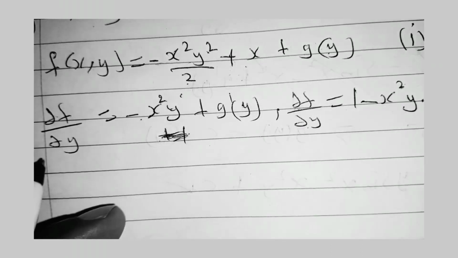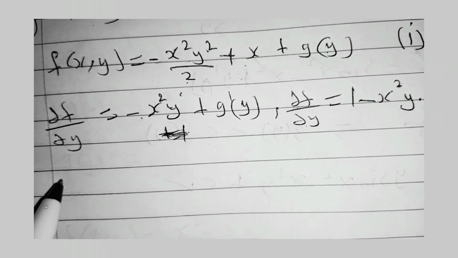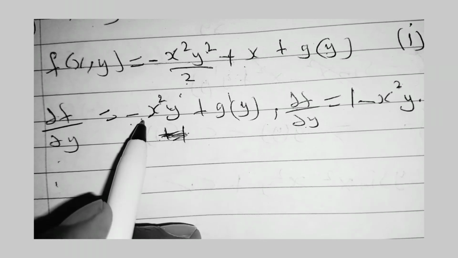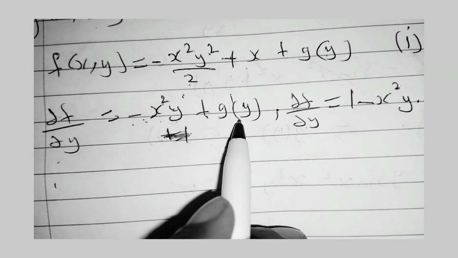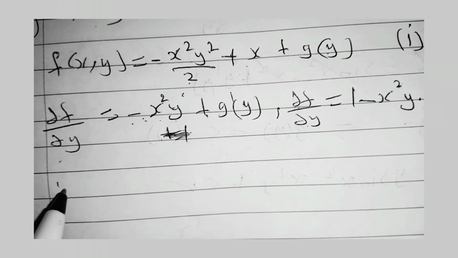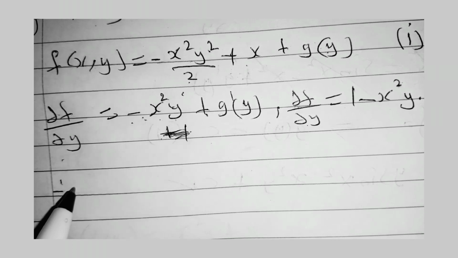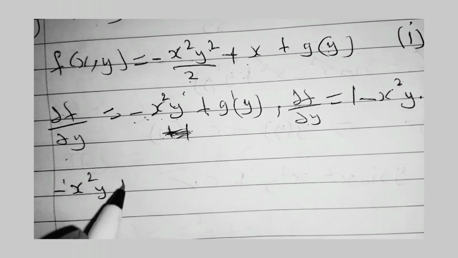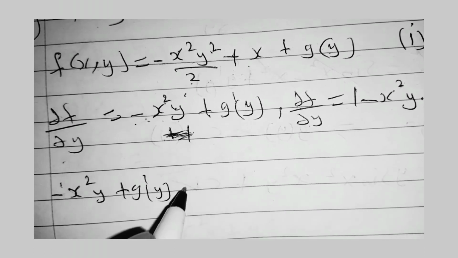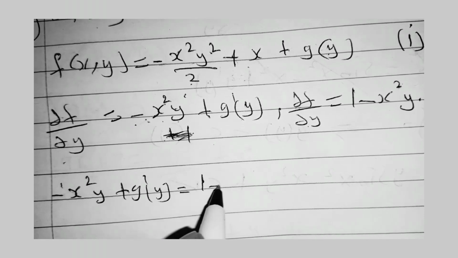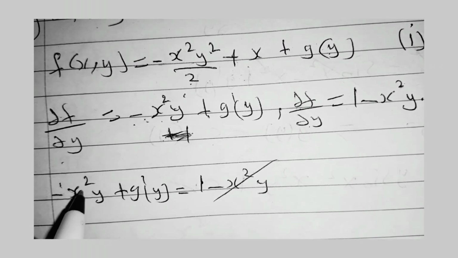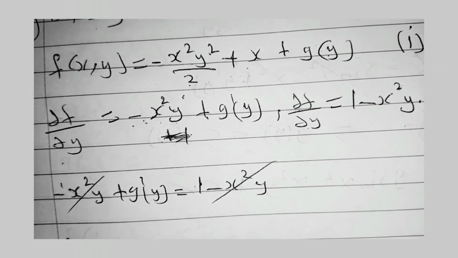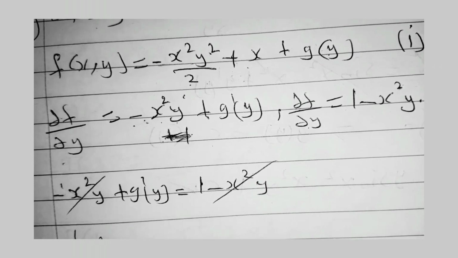So comparing, our df by dy is equal to negative x squared y plus g prime of y. On the left hand side they are equal, so we are going to have minus x squared y plus g prime of y is equal to 1 minus x squared y. So you can see 1 minus x squared y are common, which will cancel, so that you are left with g prime of y is equal to 1.